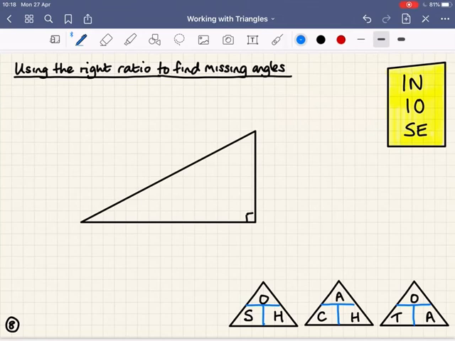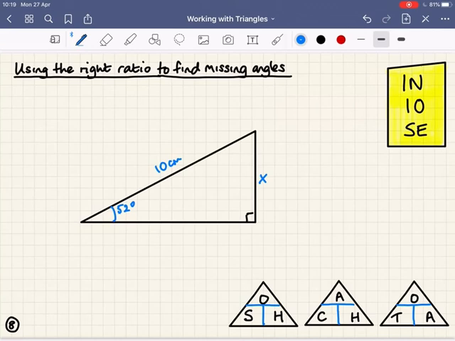So your routine should be, if you are given some information, let's say you were given an angle here of 52 degrees, and you were given a hypotenuse of, let's say this is 10 centimeters. If you wanted to find this side here, well, what information have we got? We've got an angle, we've got a hypotenuse, and we want to find the opposite side.